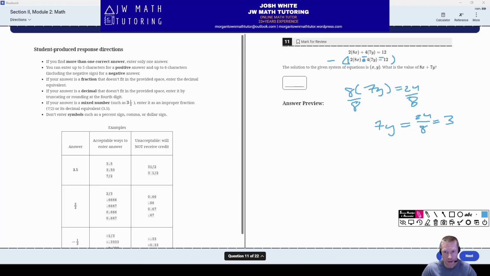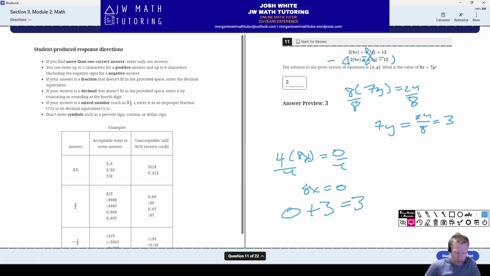Now the y's will cancel out because you have 4 minus 4. And here we have 2 plus 2. So you get 2 plus 2 is 4 times 8x. These cancel out. 12 minus 12 is 0. Divide by 4, 8x equals 0. So 8x plus 7y, 0 plus 3. Okay, so the correct answer to this question is 3.